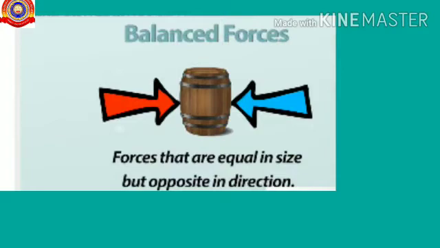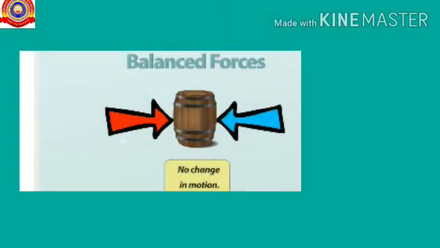That means if we give a force on an object, the forces given on the object are in two opposite directions, and it can't change the motion. That means the motion does not change when balanced force is applied. It neither moves a body at rest nor stops a body in motion.